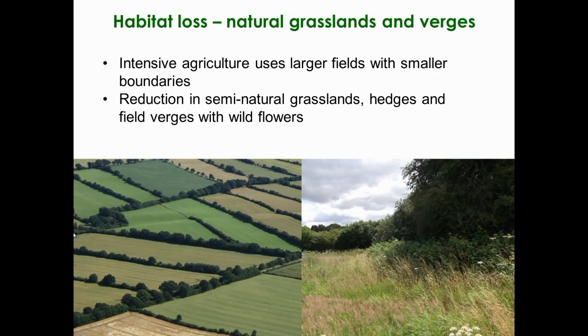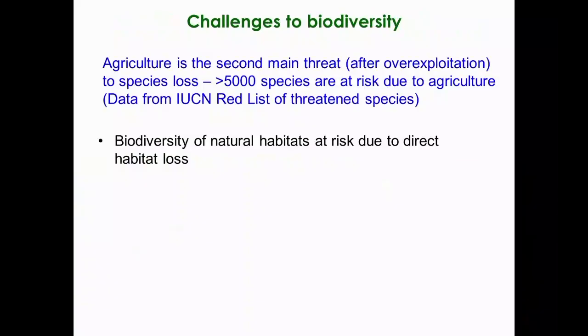So again, another classic image of a British countryside, but the loss of these hedgerows and the loss of these verges with the plant community diversity that they contain has been a big challenge.